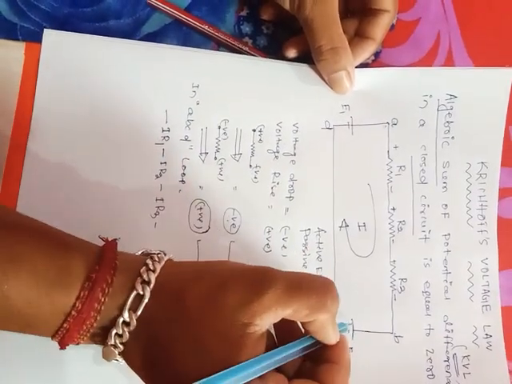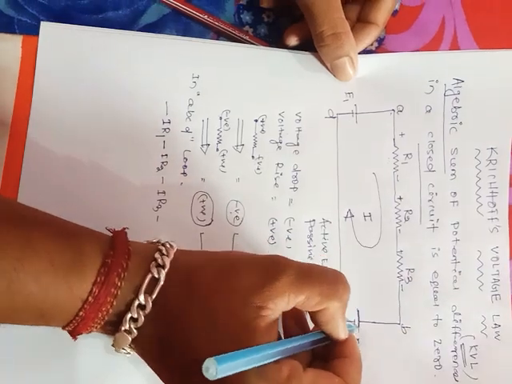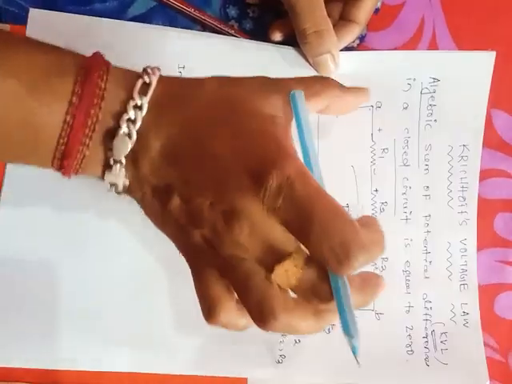Here the battery should be written as a voltage source, not a voltage drop.